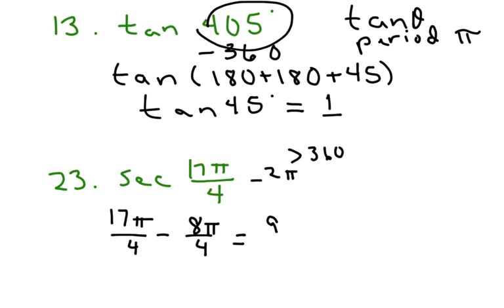That gives me 9 pi over 4. However, again, this is still bigger than 2 pi or bigger than 360, so I'm going to subtract another 8 pi over 4, and I get pi over 4. Then all you have to do is look for secant of pi over 4, and secant of pi over 4 equals root 2.